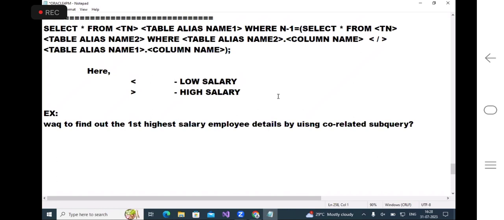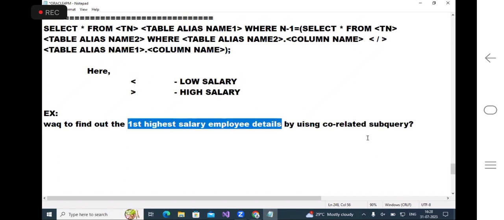Already, this same statement, first highest salary employee details, we found by using non-correlated, but how to write the same thing in correlated, observe.